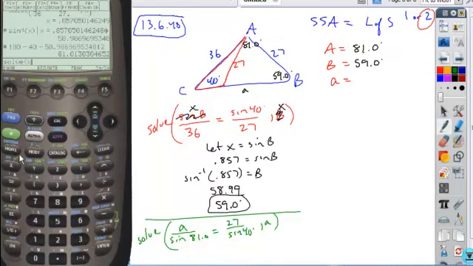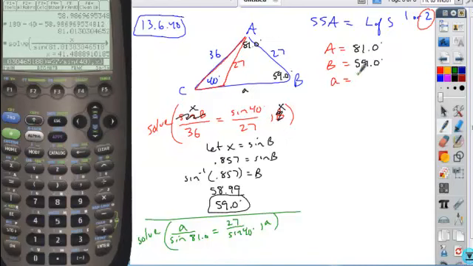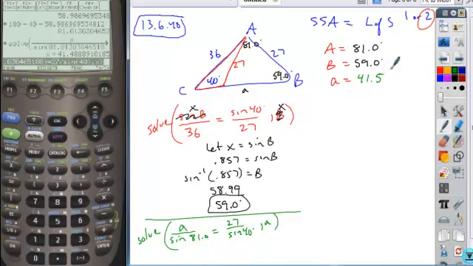So I'm going to use the x instead of an a as I enter it, but I get x divided by the sine of this 81 degree angle, set it equal to my known ratio, which is 27 divided by the sine of 40. I already have decimals in there, so I just want to solve for x. Okay, and this gives me my actual length, 41.5.